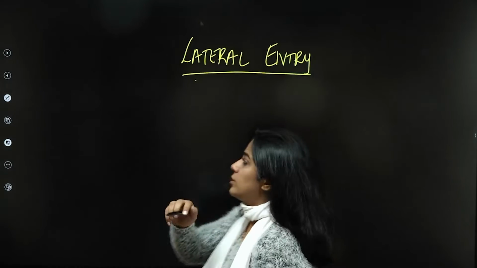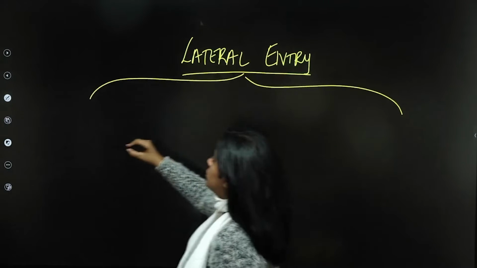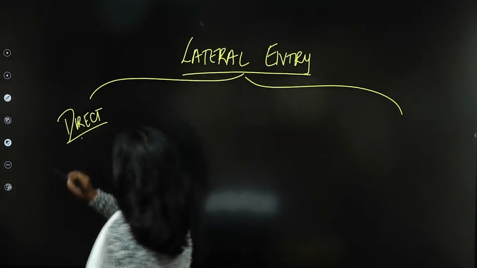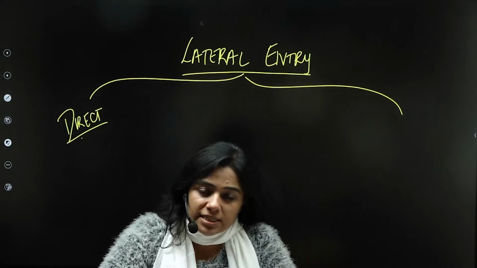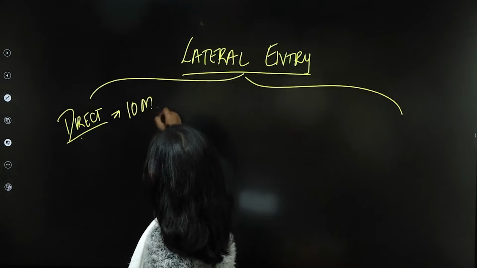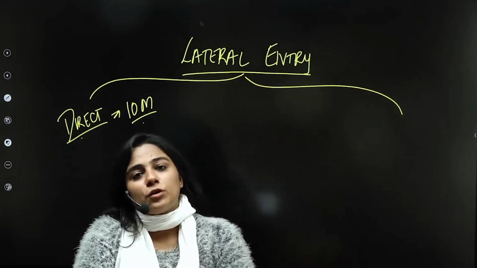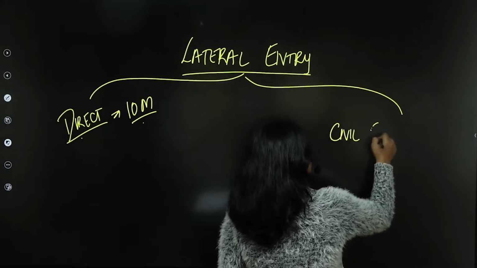So let's see. In lateral entry, either you can get a direct question: What is lateral entry? Assess the impact of lateral entry on civil services. That is a question you can get mostly in 10 marks. If you do not get this kind of question, you will get a question on civil services reforms.